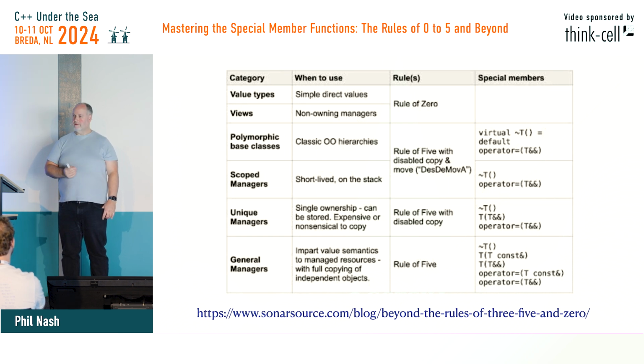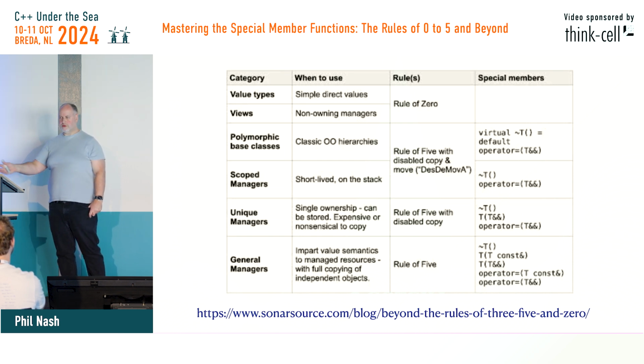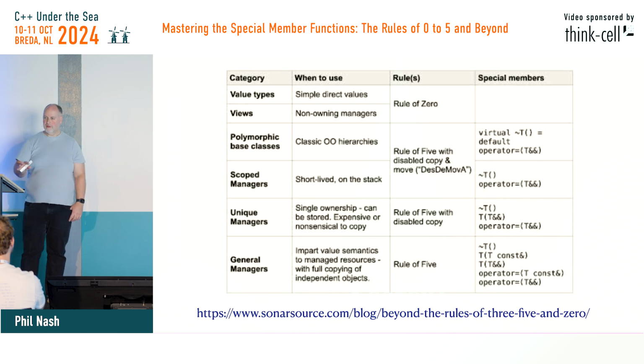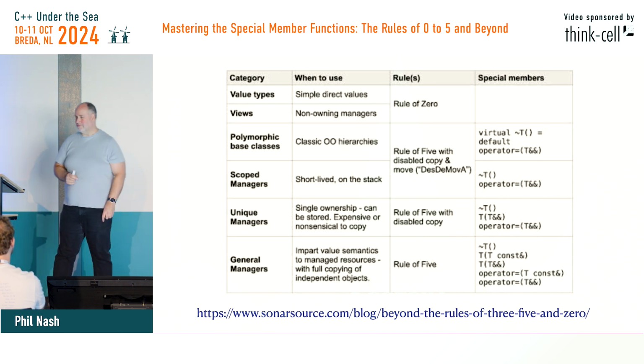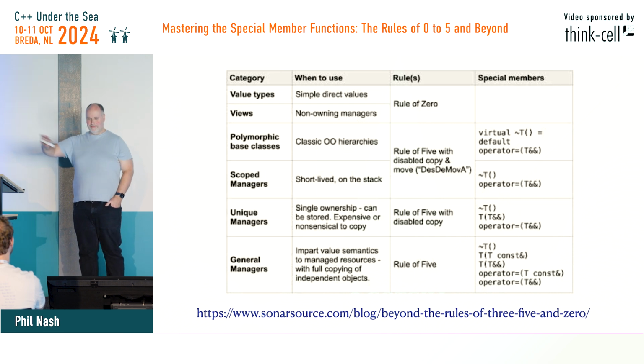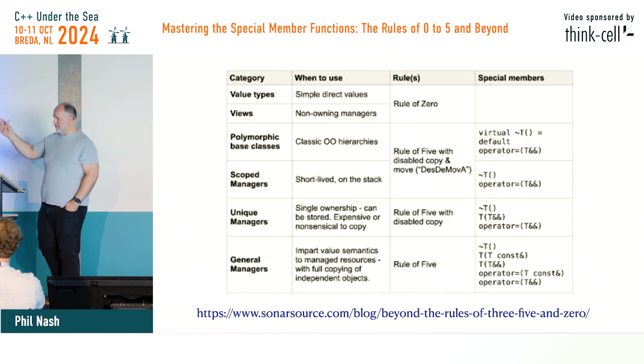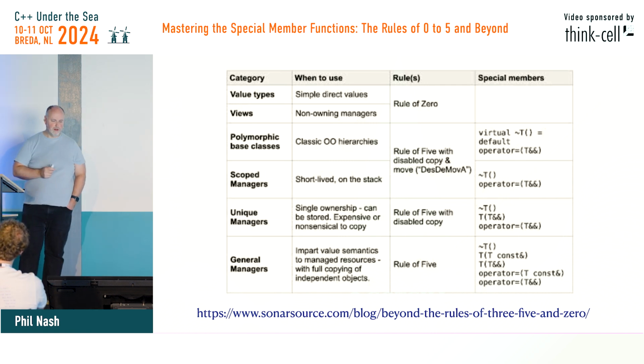You have to build that yourself. And most talks and books and trainings that I see, they always just do it all in line with the other code, completely violating the rule of 0. So we actually did a bit at the end where we factored out a separate unique coro handle class, so we could follow the rule of 0. So that was a case of implementing our own unique manager.